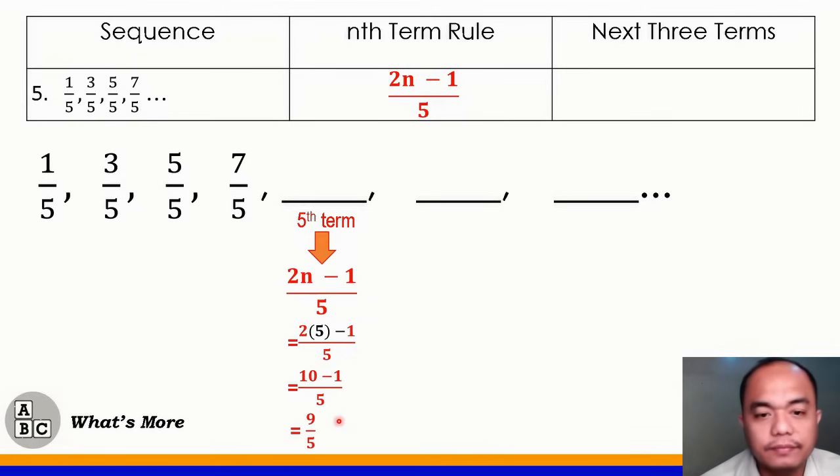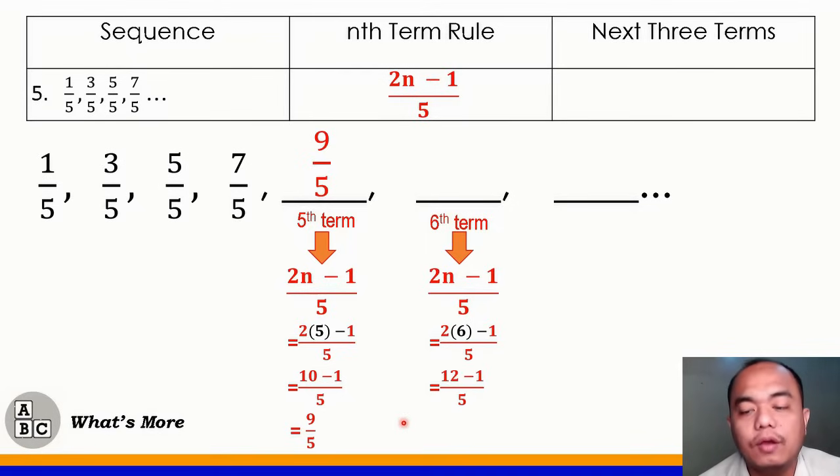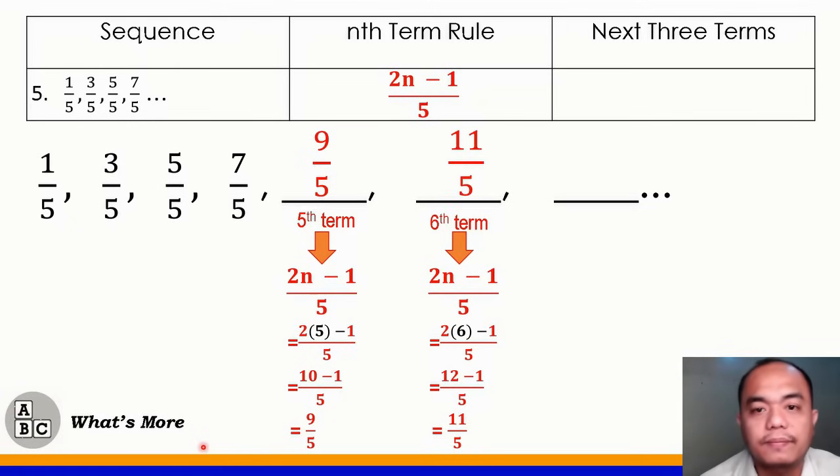And then we have 9 over 5. So 9 over 5 here is our fifth term. Next, we have the sixth term. So 2n minus 1 over 5, and then we replace n by 6. And then 12 minus 1 over 5. That becomes 11 over 5.